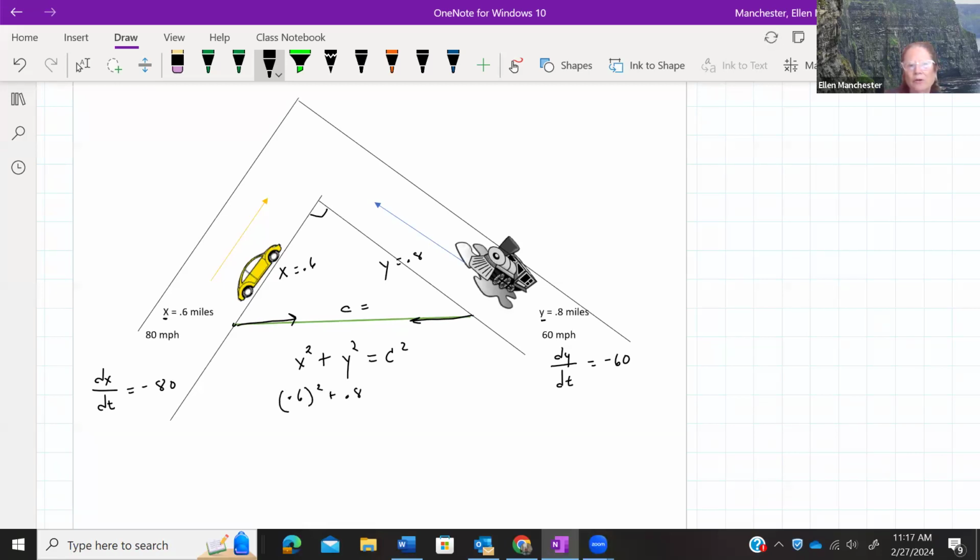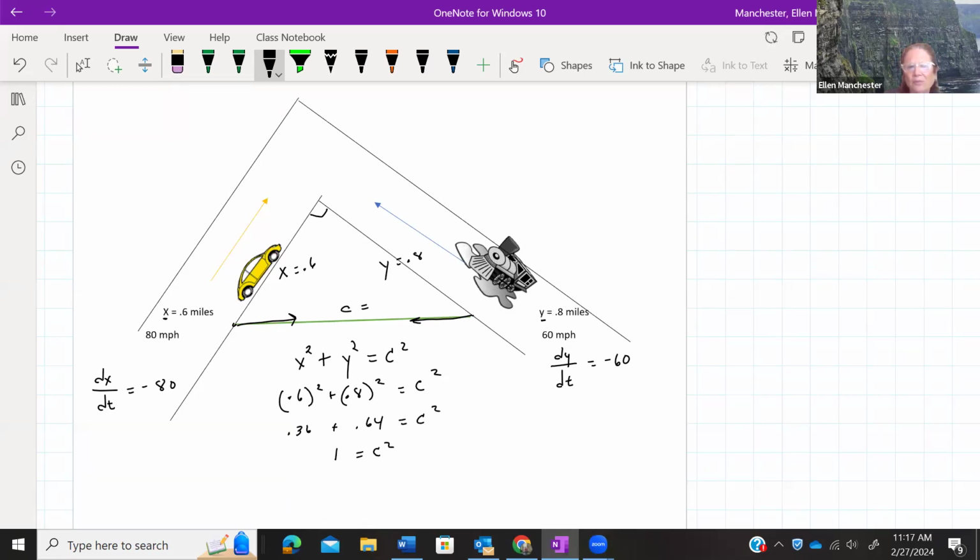We're going to plug in our 0.8. And we're going to find C. So 0.6, and I did this on purpose to make it flow nicely. So 0.6 squared is 0.36. 0.8 squared is 0.64. 0.36 plus 0.64 is a solid 1.